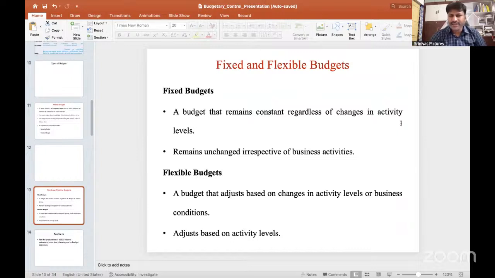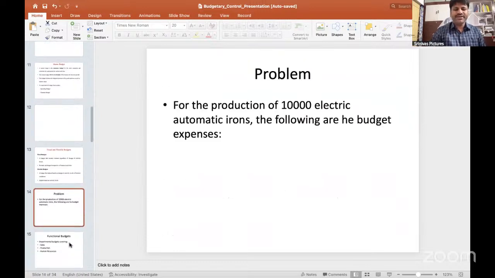That is called a fixed budget. A flexible budget is adjusted based on changes in activity levels or business conditions. If your activity increases or decreases, your budget also increases or decreases. It changes according to the level of output and the level of activity. So that is the difference.